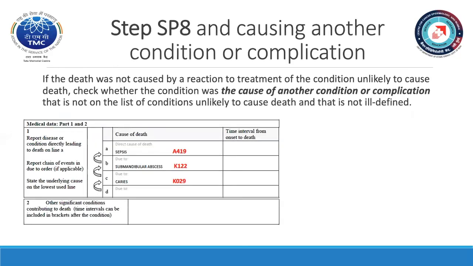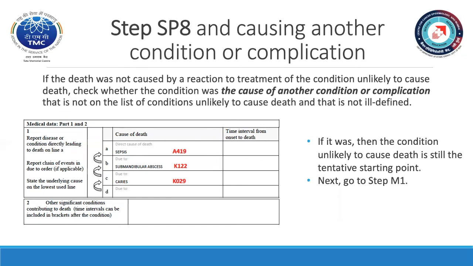If the death was not caused by a reaction to treatment of the condition unlikely to cause death, check whether the condition was the cause of another condition or complication that is not on the list of conditions unlikely to cause death and that is not ill-defined. If it was, then the condition unlikely to cause death is still the tentative starting point.